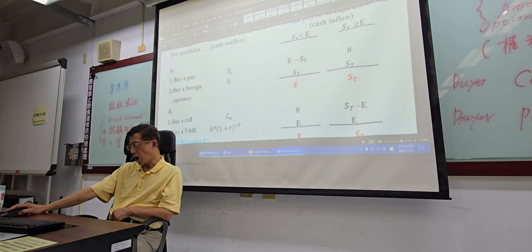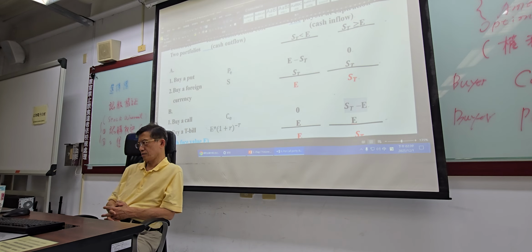However, if S sub T is larger than capital E at the expiration, then your call option will be worth S sub T minus capital E.